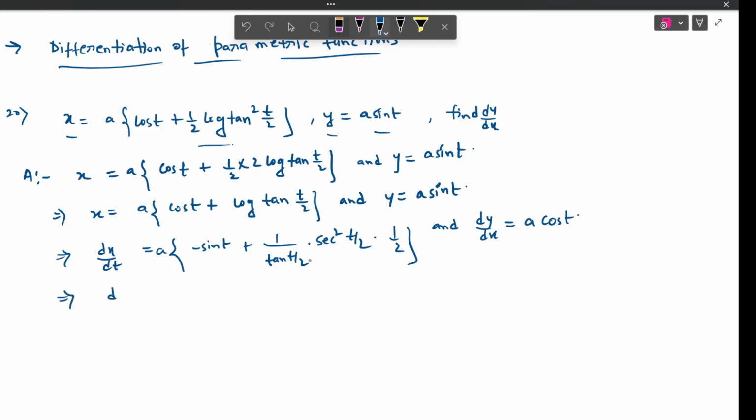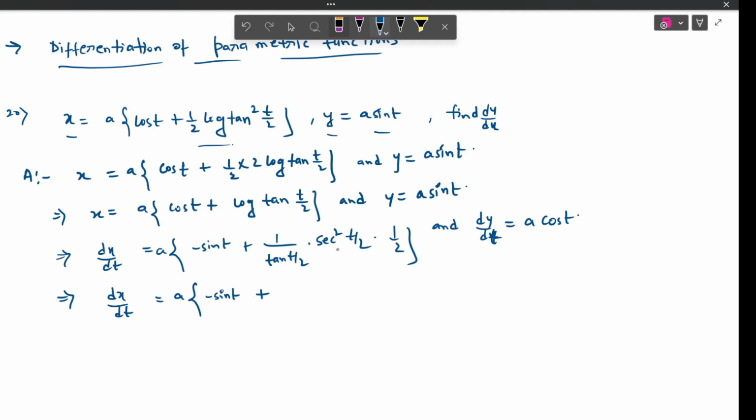So dx by dt is a into minus sine t plus, this is 1 by cos square t by 2, and this is sine t by 2 by cos t by 2.